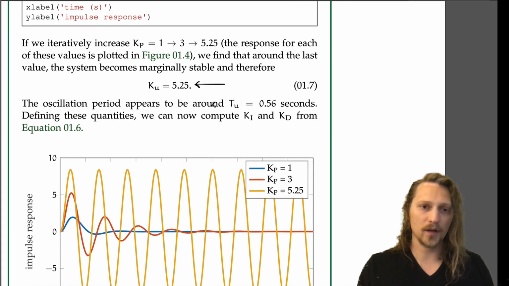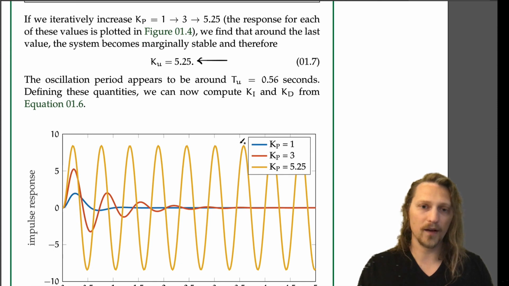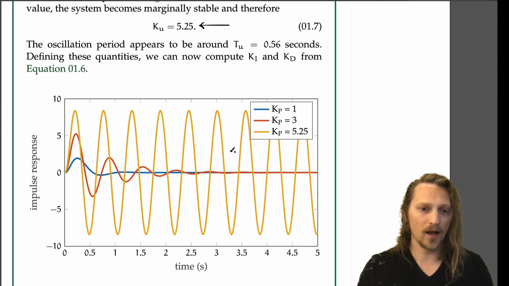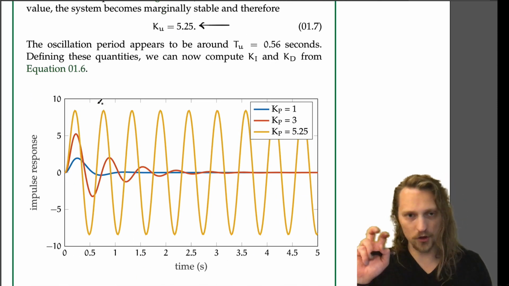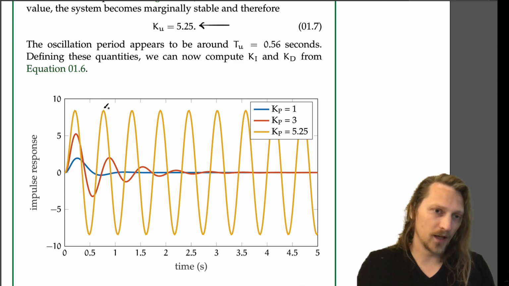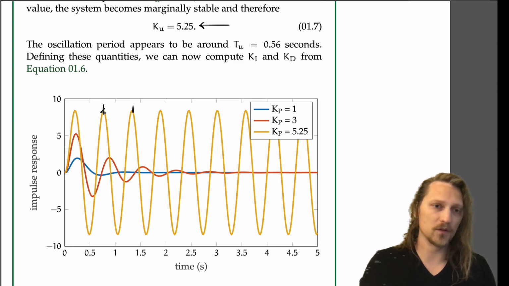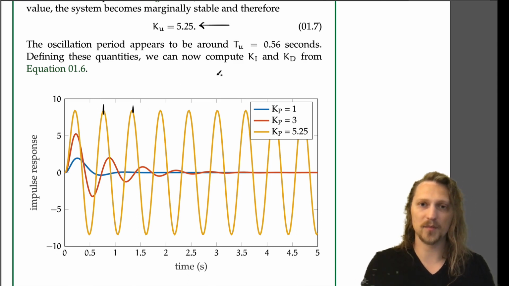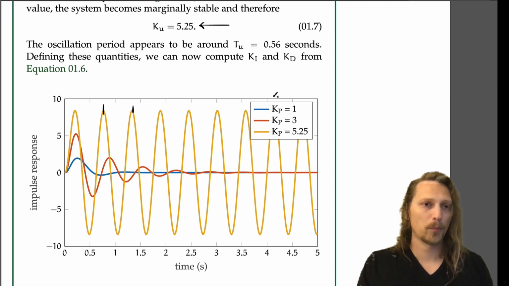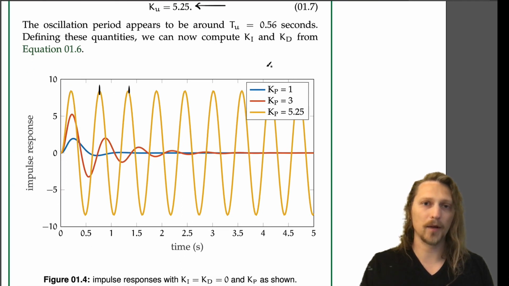And the oscillation period appears to be around 0.56 seconds, which I measured from looking at the peak to peak distance here. It's about half a second, and I just used the cursors in MATLAB to estimate it was about 0.56 seconds.